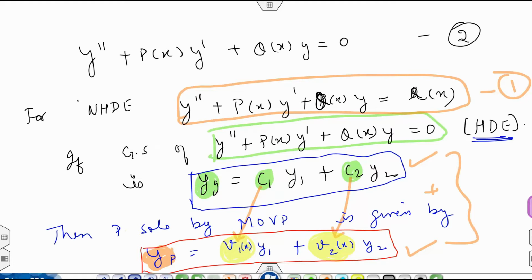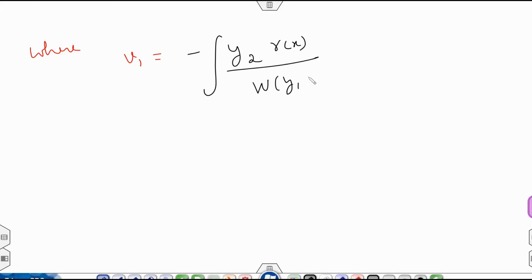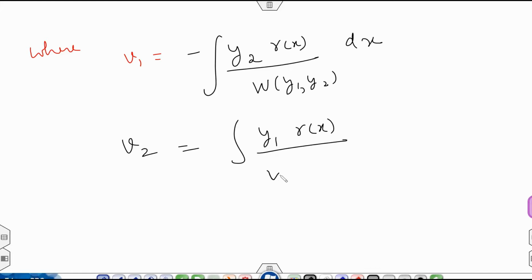I'll just write it here, where v1 is equal to minus y2 r(x) divided by the Wronskian of y1 and y2. You already know how to find the Wronskian. And v2 is y1 r(x) divided by the Wronskian of y1 and y2.